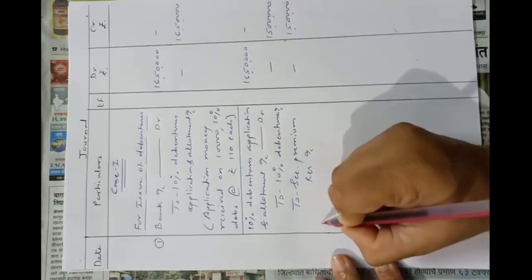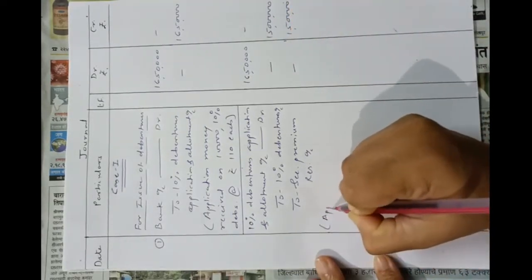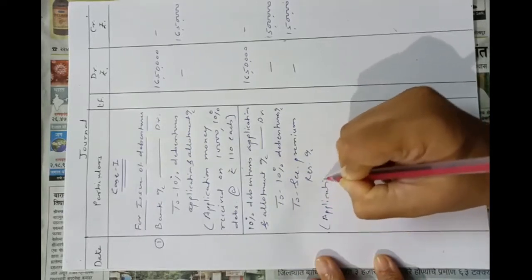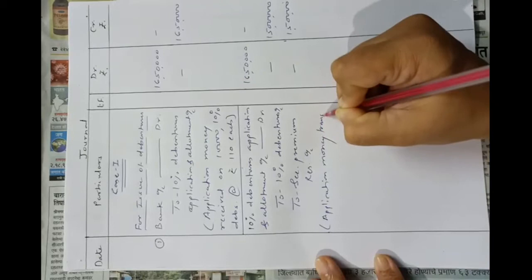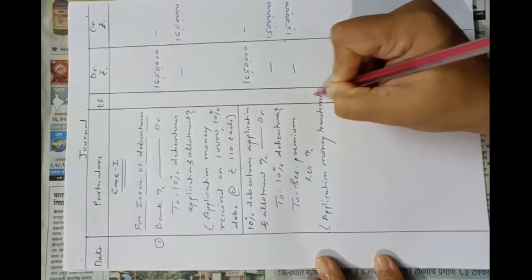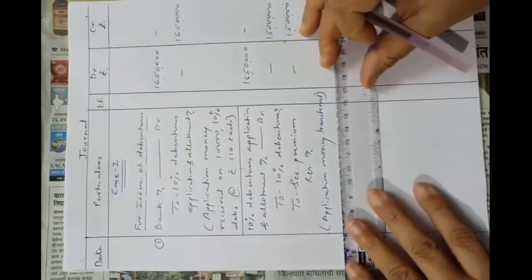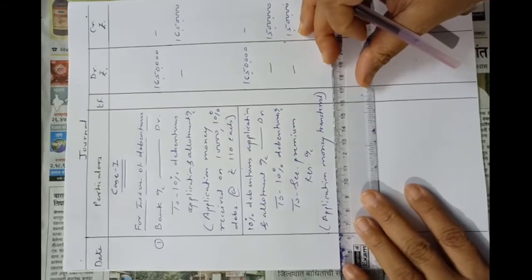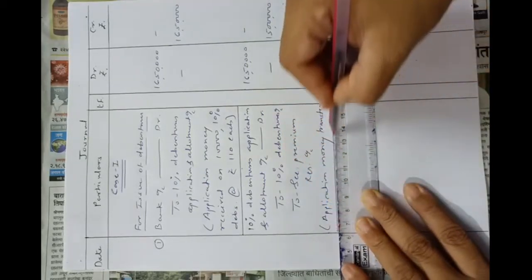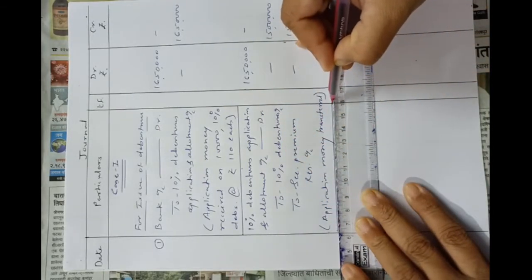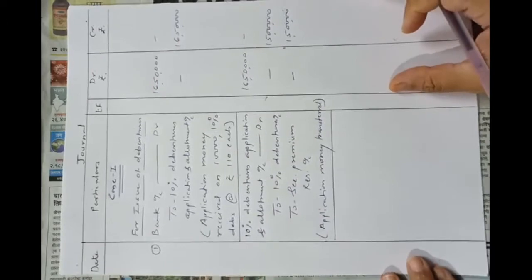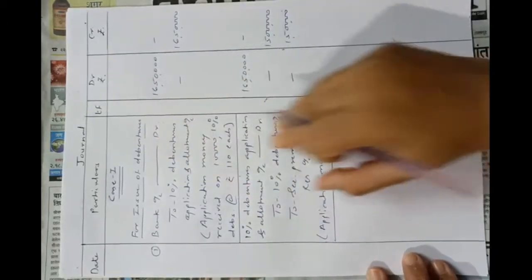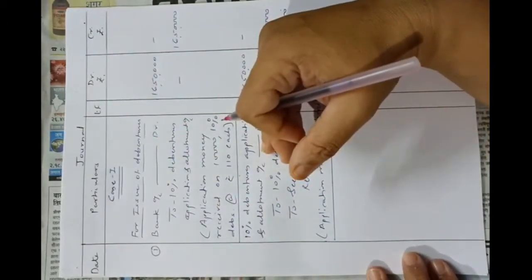Okay, so application money transferred, or you can say application money adjusted, or issue of 15,000 10% debentures at premium repayable at par. Any narration is possible. These are the two entries for issue of debentures.